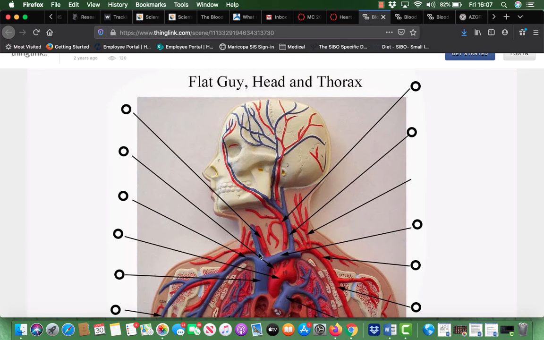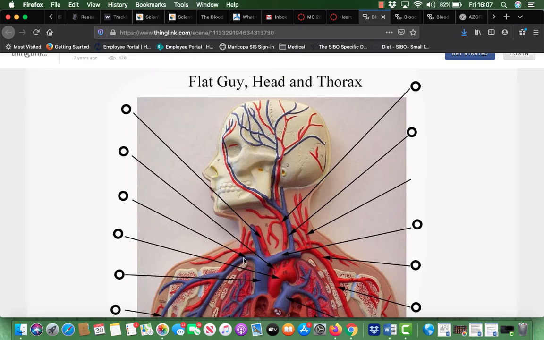And instead of the common carotid, we don't call it the common carotid in the veins. We call it the jugular. So instead of the same branches, what you're going to have is just the vice versa. The only thing you have to remember here is that it's flip-flopped, and also that the carotid is replaced with jugular. So here we go. We've got the superior vena cava, right?